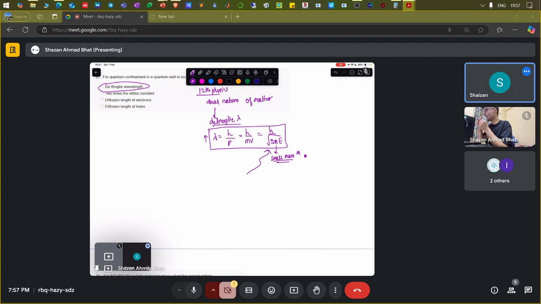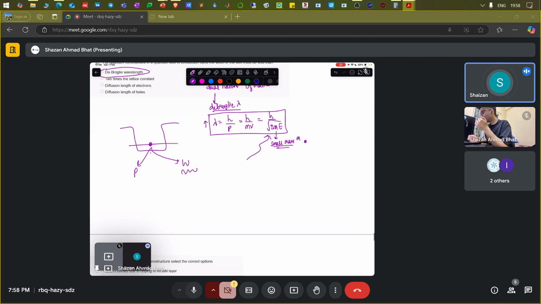And it turns out that the wavelength of the electron becomes significant only when, if you have an electron present in an energy level, you can treat it as a particle, you can treat it as a wave. No doubt. But what decides whether it is a particle or a wave?